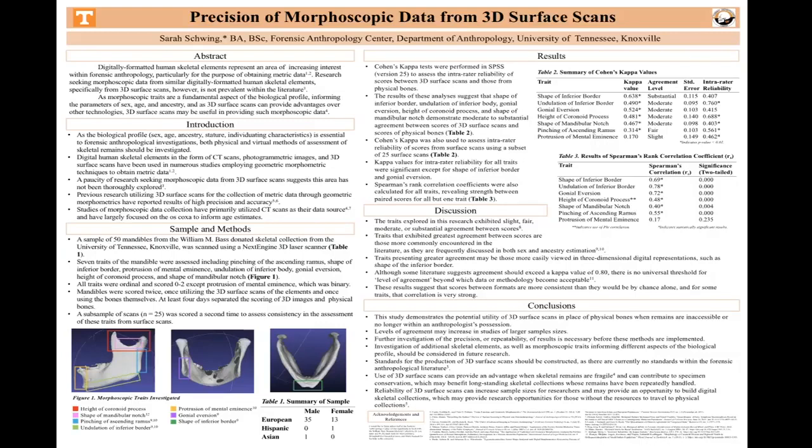Even though you're able to rotate and manipulate this object on your computer just like you would a physical bone, perhaps the coloring or the lack of light or the contrast in grayscales, if you're looking at an element just in this gray color, might obscure some of these traits and make them a little bit more difficult to read on the computer versus in person.